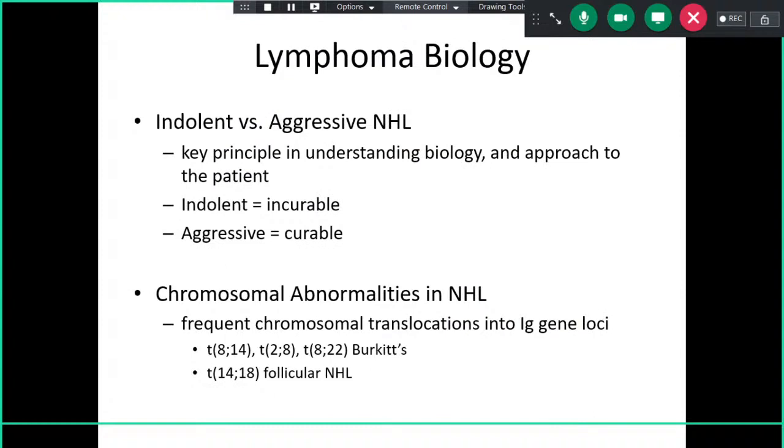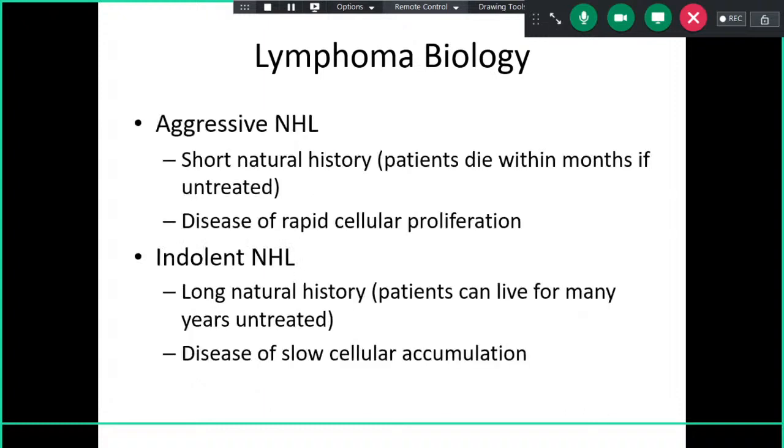So how about lymphoma biology, indolent versus aggressive. What does indolent mean? Incurable, with a very slow clinical course. Aggressive lymphomas have a short natural history and very rapid cellular proliferation. But the interesting thing is that many of the aggressive B cell lymphomas respond to treatment, and the indolent ones have a very long course.